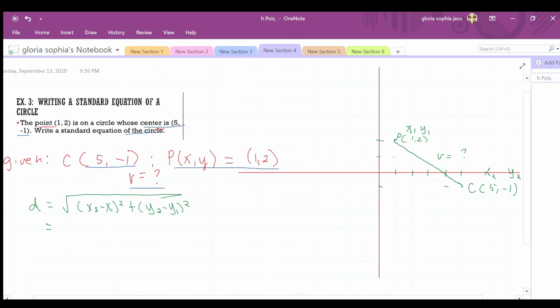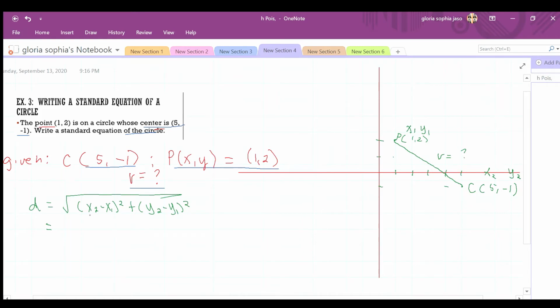So, 'di ba? Yung distance formula is para makapag-compute tayo ng length ng segment or distance between 2 points. So, ito 'yun. D equals square root of x sub 2 minus x sub 1 quantity squared plus y sub 2 minus y sub 1 quantity squared.